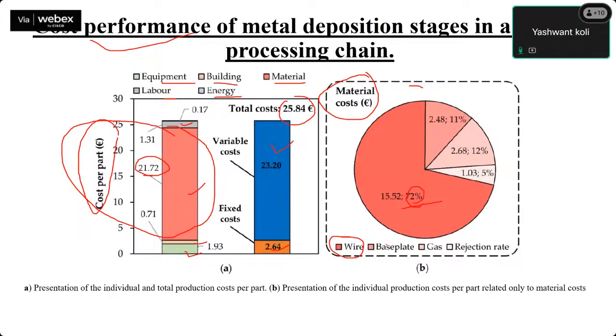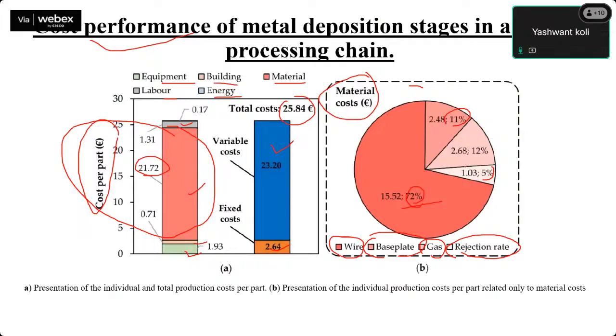So wire purchasing is an important thing. Wire cost is important. Then 11% goes towards the base metal, then gas and rejection rates. So these are also there. All this material wastage is also there, but it is very small compared to other things.